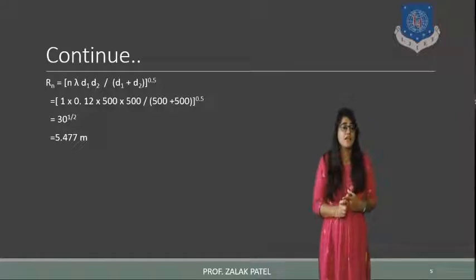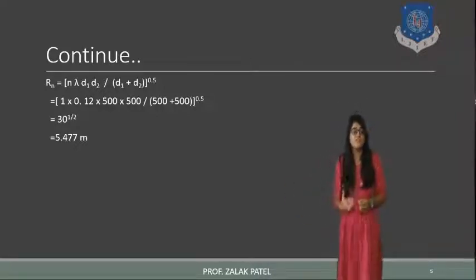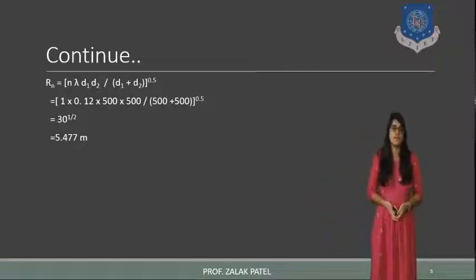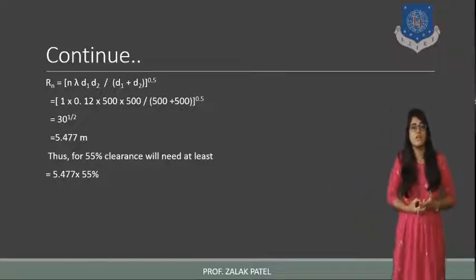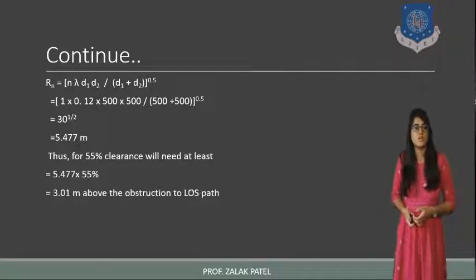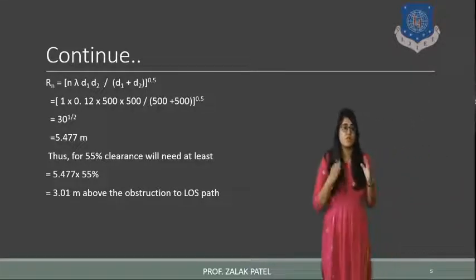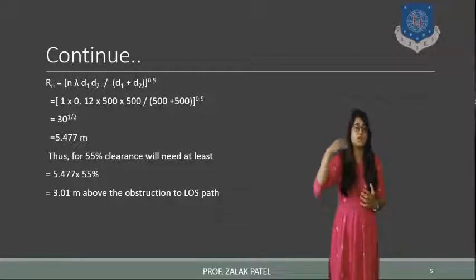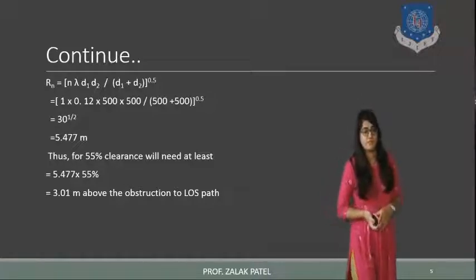So the nth zone radius is 5.477, and you have to take 55% of this value. So now let's calculate it. 5.477 into 55%, you get the answer 3.01 meter. So this 3.01 meter will be the clearance above the obstruction to the LOS path. LOS means line of sight path.